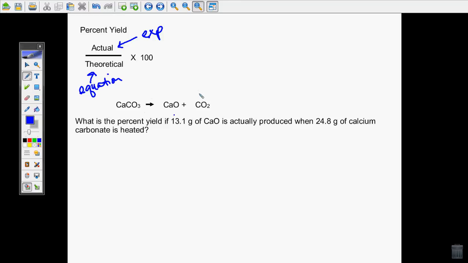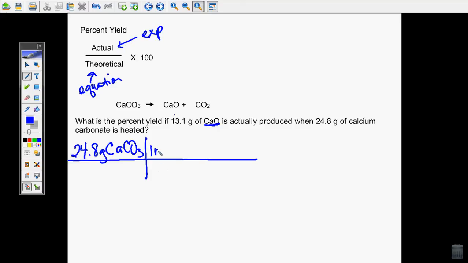That's what chemists do. So what is my percent yield if 13.1 grams of CaO is actually produced when 24.8 grams of calcium carbonate is heated? So first we need to balance our chemical equation, and this one just happens to be balanced. So I need to figure out my theoretical yield first. So they said 24.8 grams of calcium carbonate was heated. So I need to go to grams of calcium oxide, because that's what they want to know, how much of this we can produce.